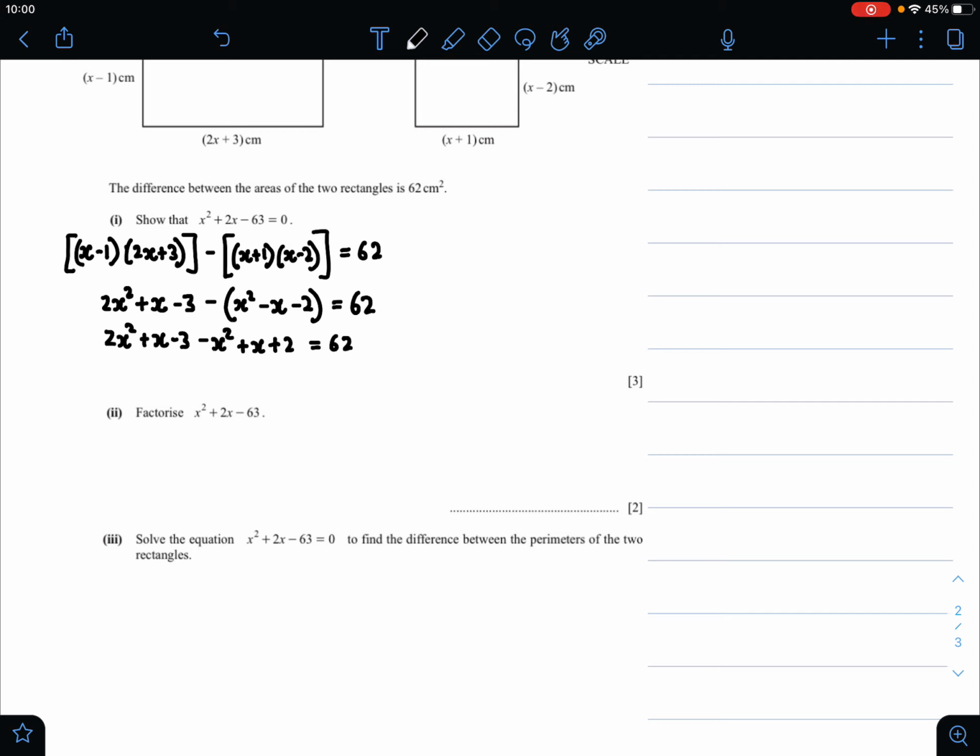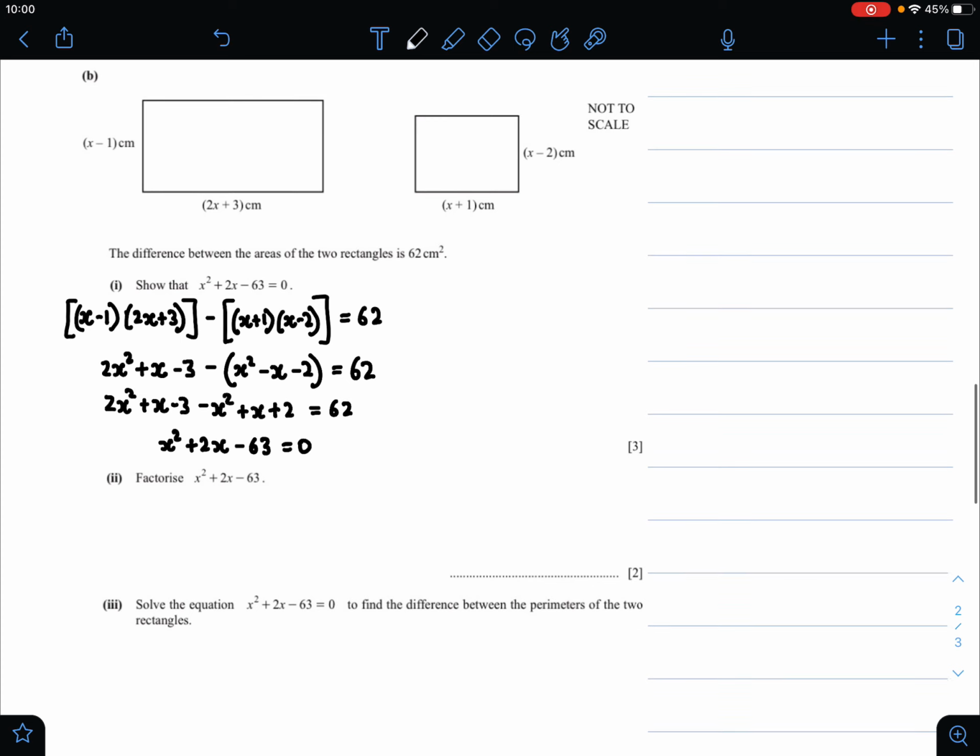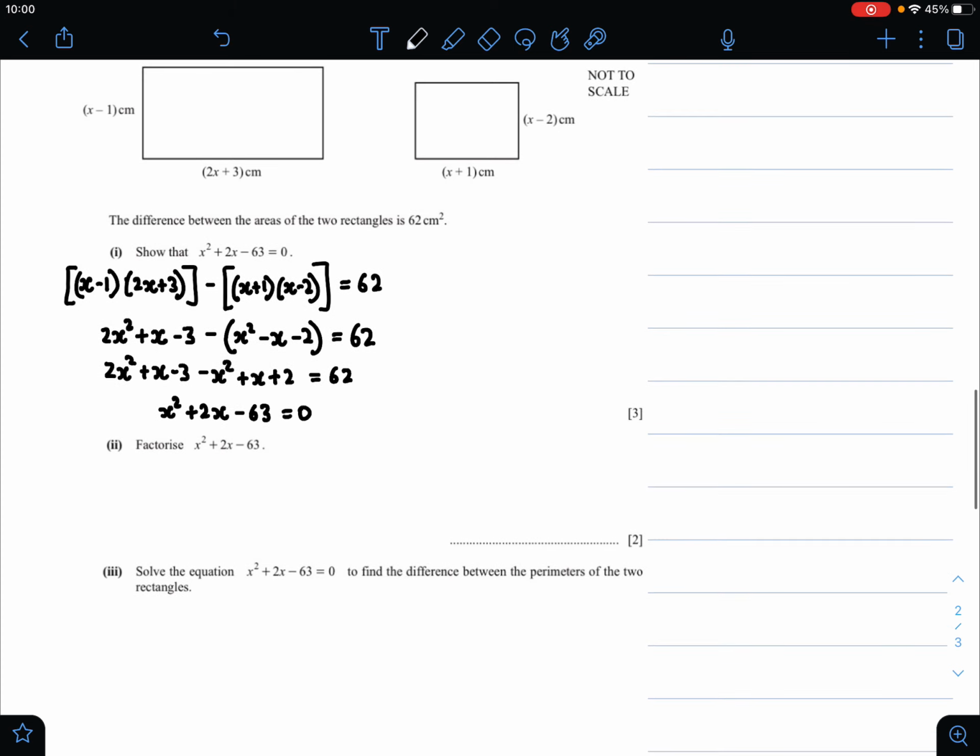So 2x square minus x square is x square, x plus x is plus 2x, negative 3 plus 2 is negative 1, and if we get the 62 to the other side of the equation, it will be minus 1 minus 62, which is equal to minus 63, which is equal to 0. Now we have proven that x square plus 2x minus 63 is equal to 0.